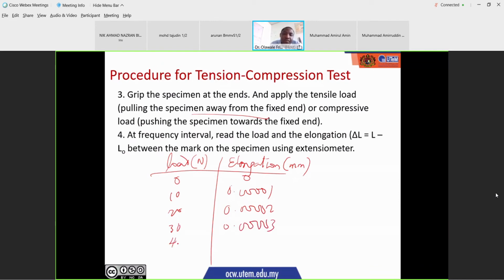At 40, 0.6. At 50, 1.1. Okay, you record. So at different intervals, you read the load and elongation. So you write down. Then number 5.